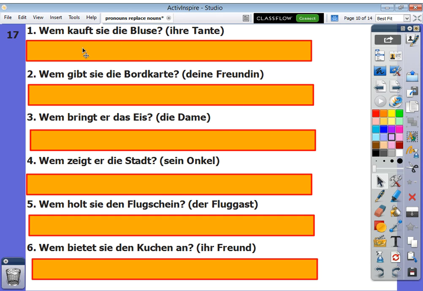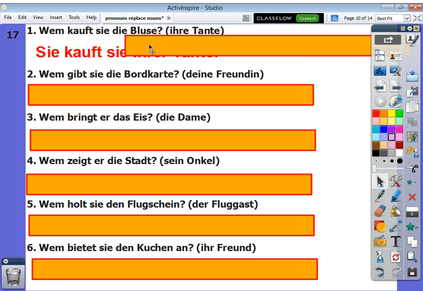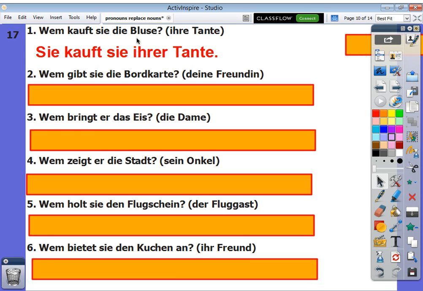Okay? So I'll show you the first one here. Wem kauft sie die Bluse? Okay. We want to say that it, the blouse, is being bought for the aunt. Okay, so that one is sie, and then we take ihre Tante. We have to make that dative because she is the indirect object.